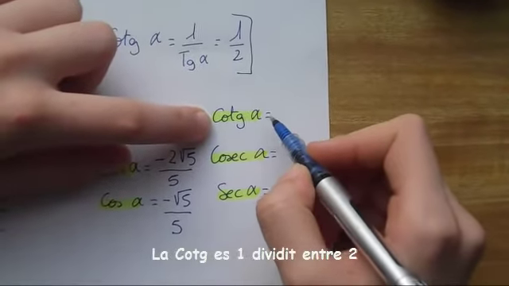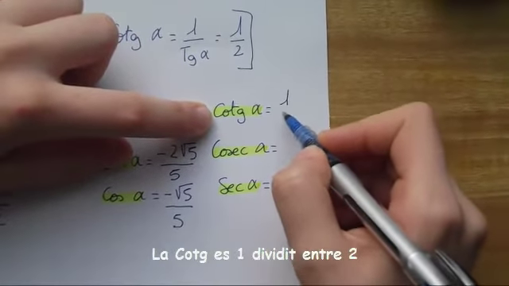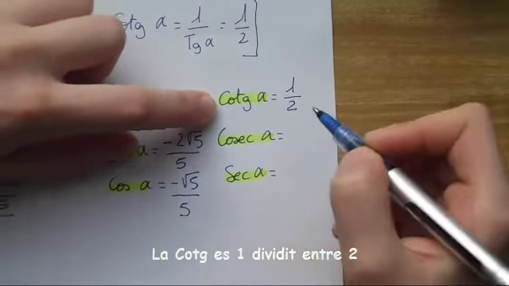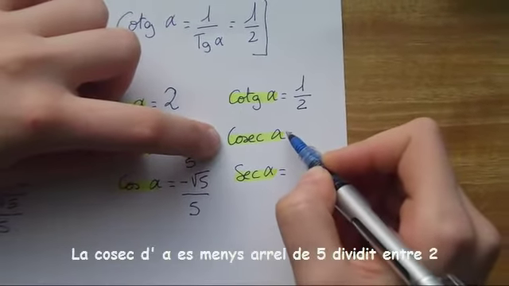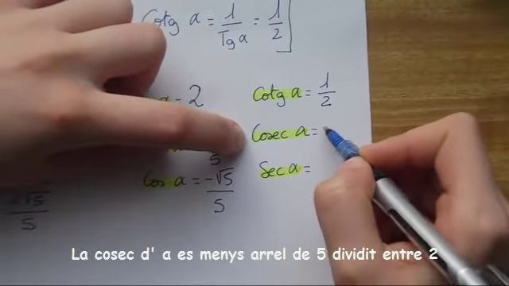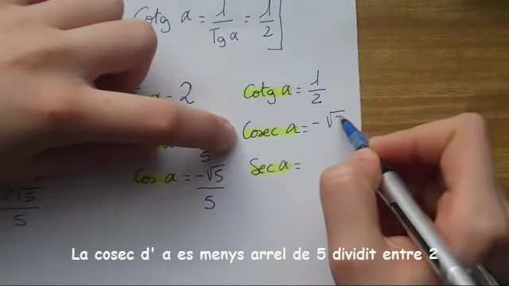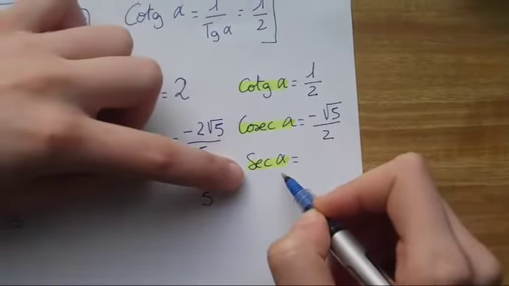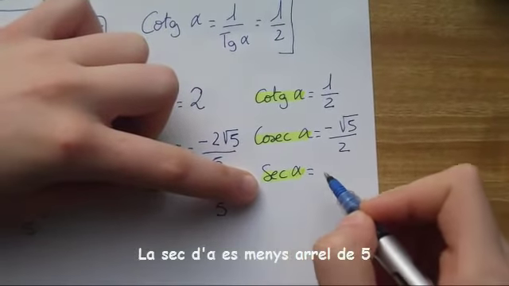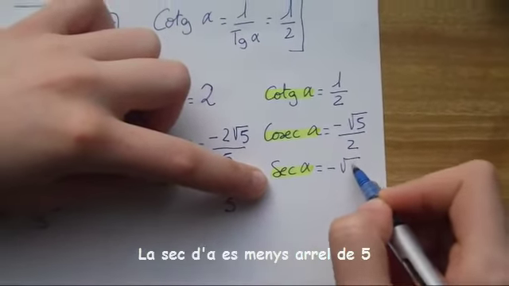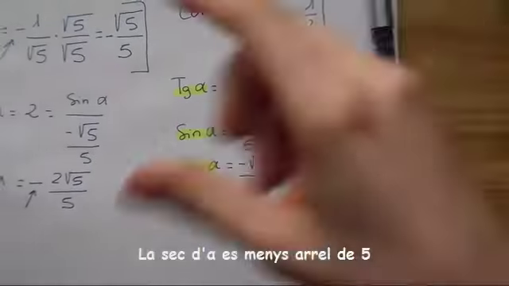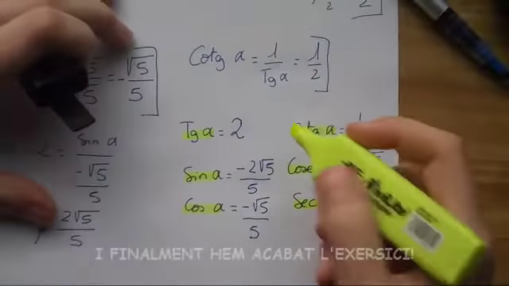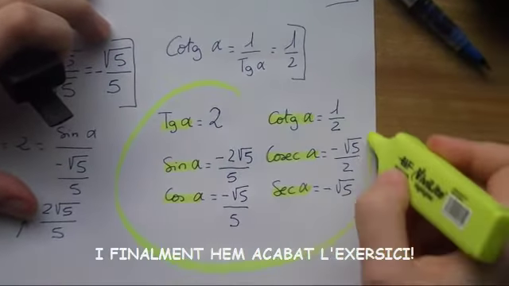Cotangent of alpha is 1 divided by 2. Cosecant alpha is minus root of 5 divided by 2. And secant of alpha minus root of 5. And we have done the exercise.